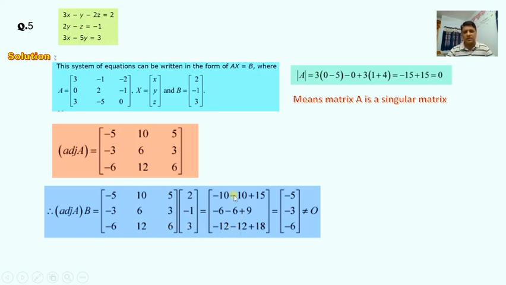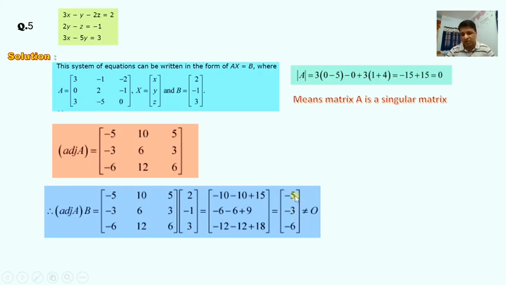So minus 10 minus 10 minus 20 plus 15 is minus 5, and this minus 6 minus 6 minus 12 plus 9 is minus 3, minus 24 plus 18 is equal to minus 6. So this whole matrix is not a zero matrix. You need to understand over here, if the determinant of A is equal to 0 and the adjoint of A into B, this should be a matrix only, if all the elements of this matrix are 0, then we say that this is a zero matrix.